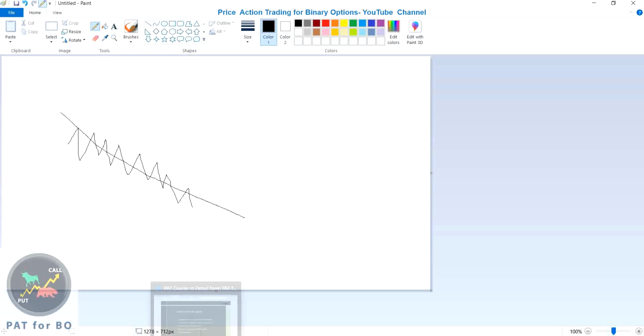That is the baseline mainly. If you understood the baseline properly, you can even take trades on this pullback, because you know that this is my baseline and it has crossed the baseline. There will be a pullback, again there will be sellers, again there will be a pullback.